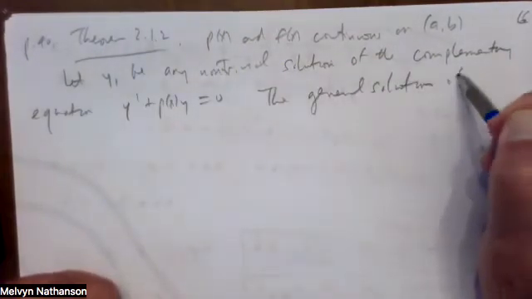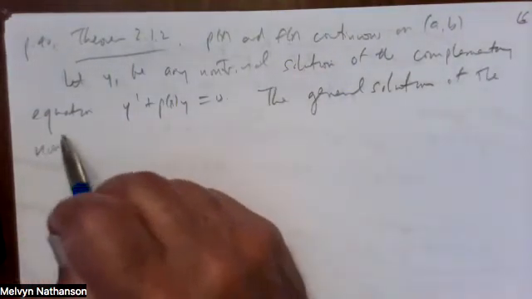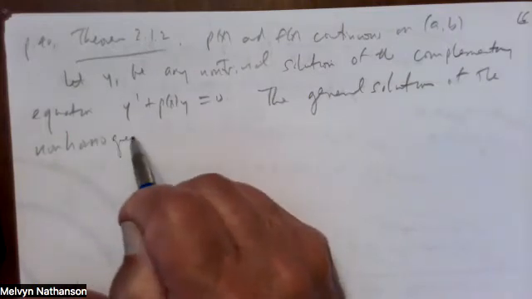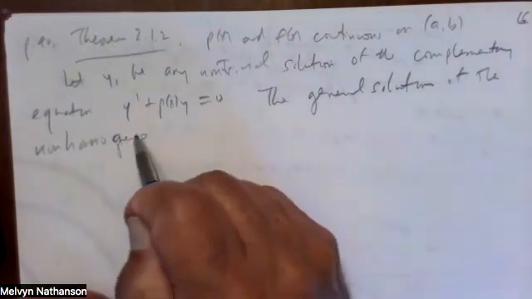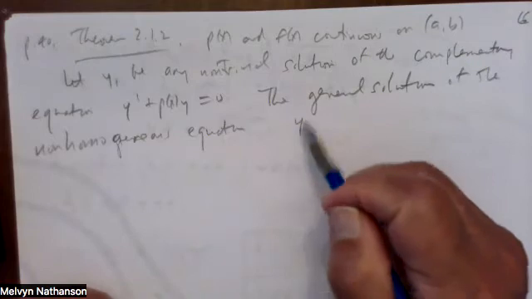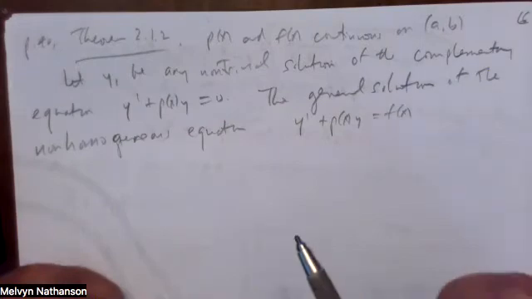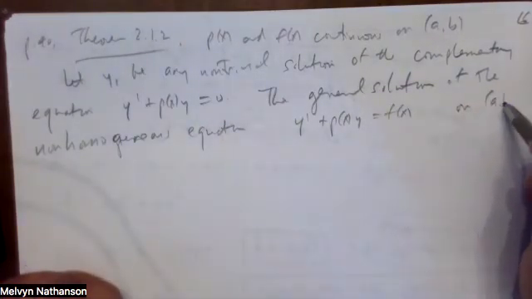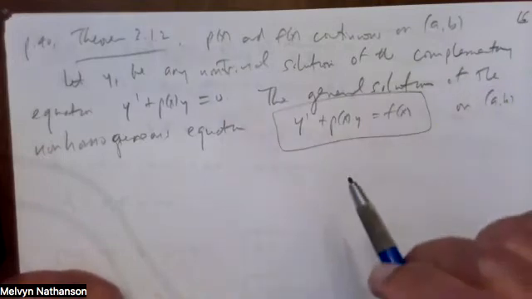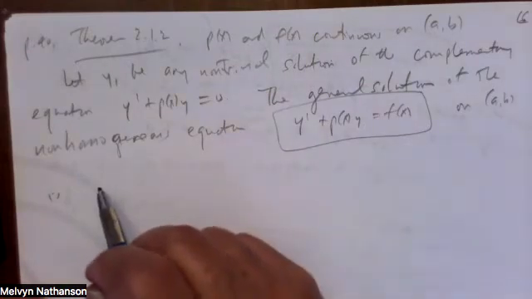The general solution of the non-homogeneous equation y prime plus p of x y equal f of x on the interval from a to b is given by the following perhaps scary looking formula, but it's easy in practice.